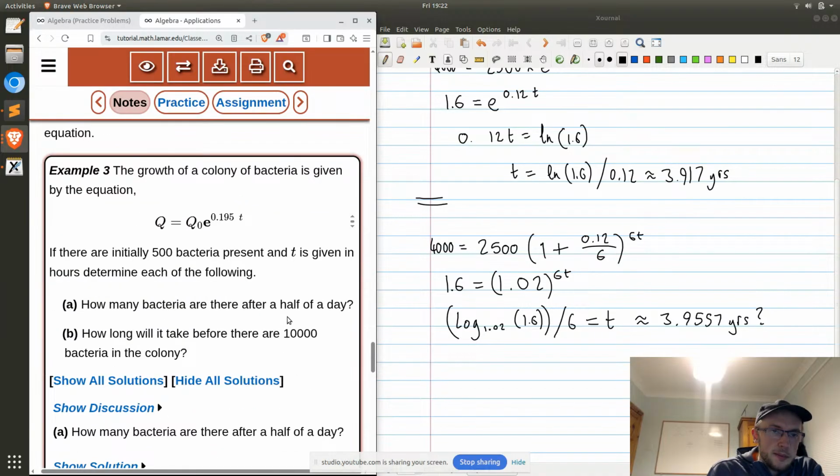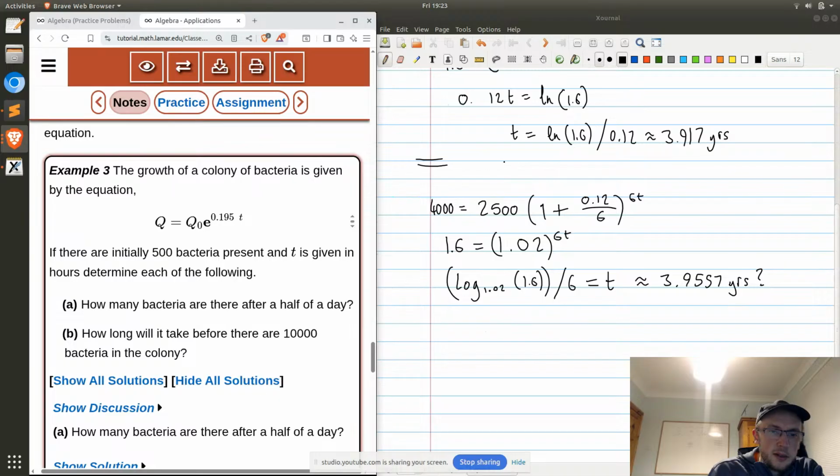For example, the growth of a colony of bacteria is given by this equation, Q equals Q0 e to the 0.195t. If there are initially 500 bacteria present and t is given in hours, determine each of the following. How many bacteria are there after half of a day? So I'm going to do it.